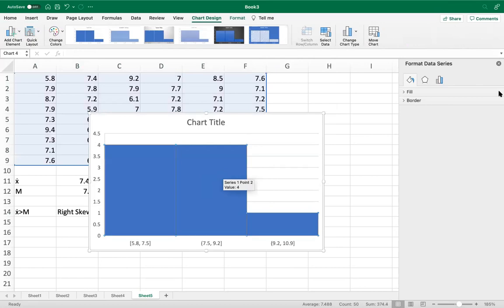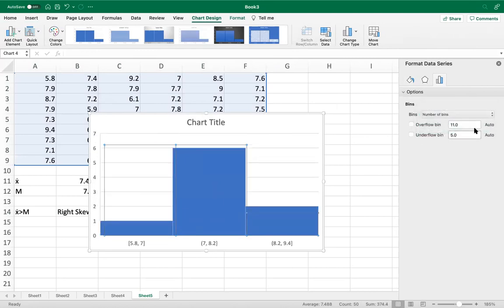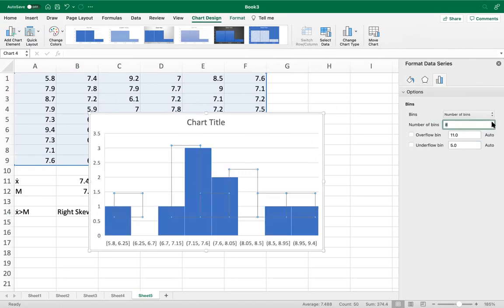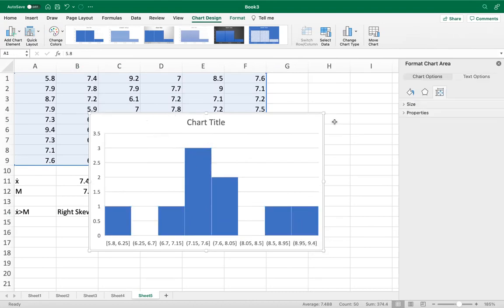We could mess with the bins, so instead of auto, we could do number of bins, say 8, and see a good place where the data would fall. It does look like it might be a little bit more right skewed because the majority of the data is here, but it's not a pretty picture. So let's just skip it.